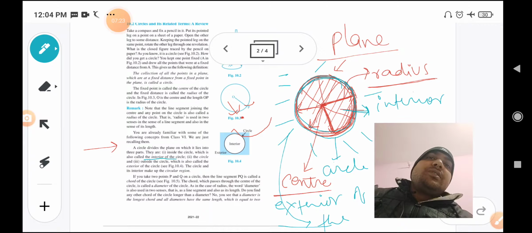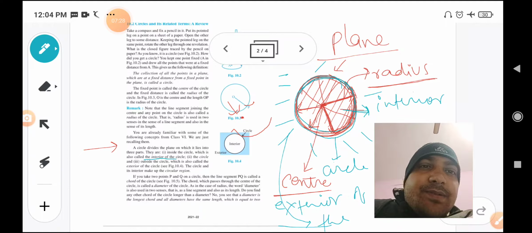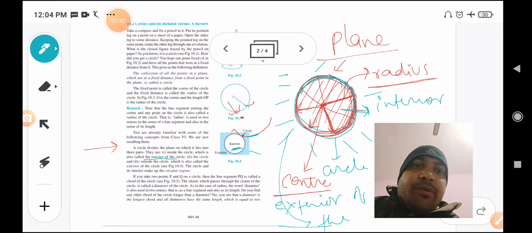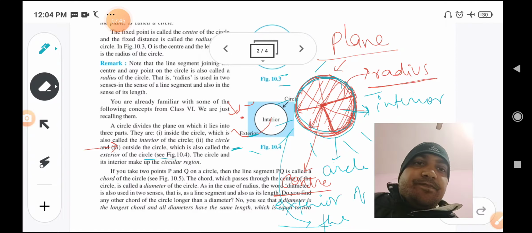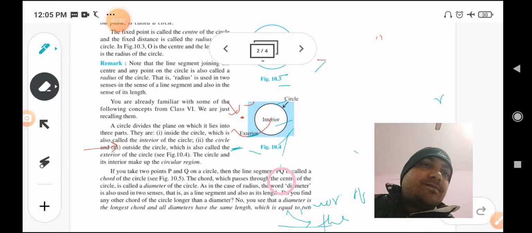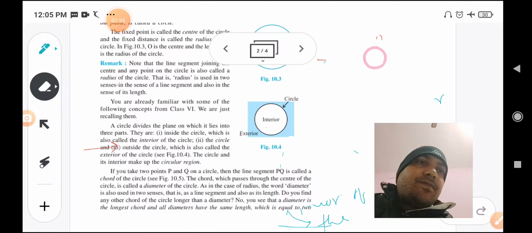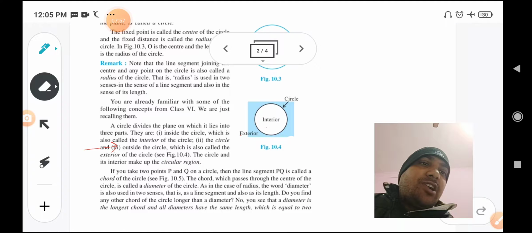Is it clear to everyone? Okay. Here is the interior, here is the circle, and here is the exterior, which I have written here. I hope up to this it is clear to everyone. So coming to the next, see what is given.